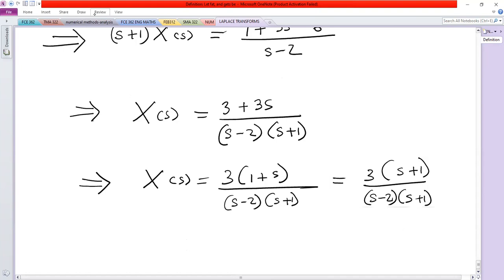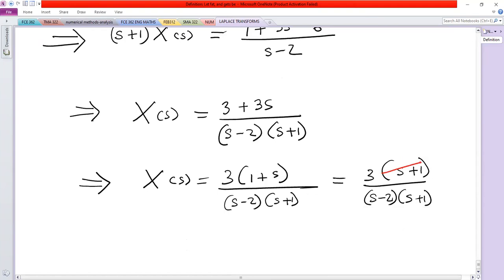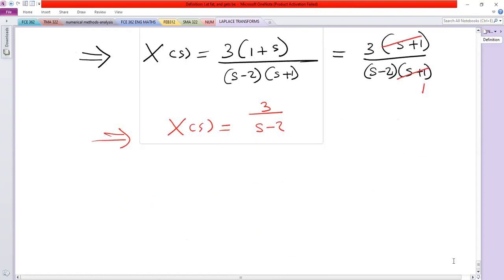So one bracket in the numerator and denominator will cancel out, which implies X(s) will be 3 over (s minus 2). Now I'll call this equation 3.